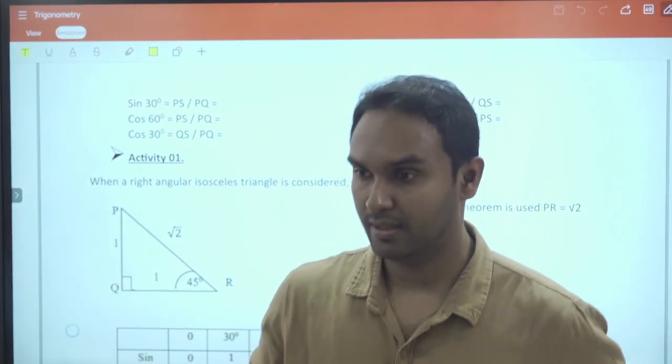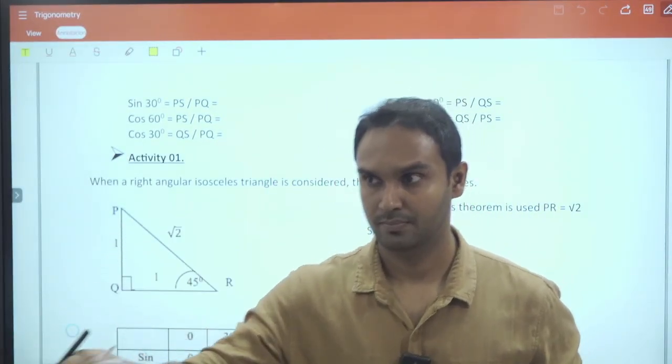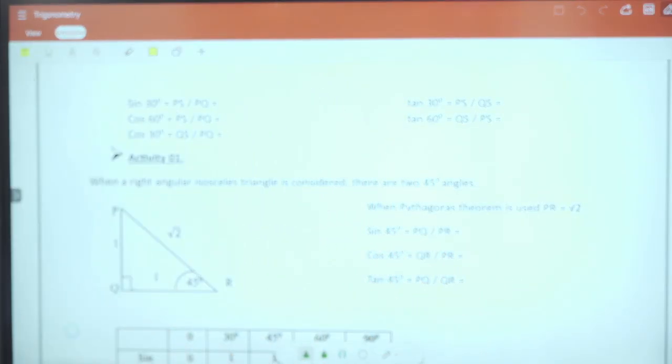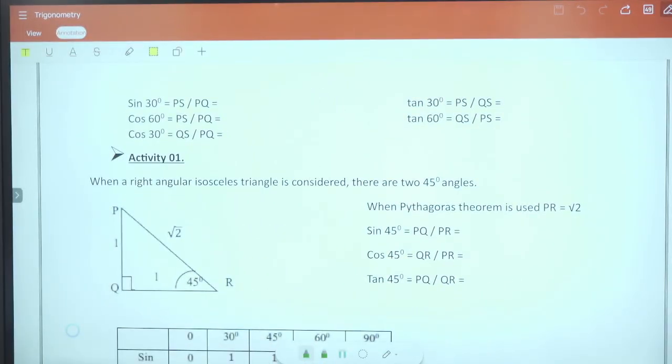Guys, so who are lacking the tutes? 1, 2. Right, you have one? You have one?